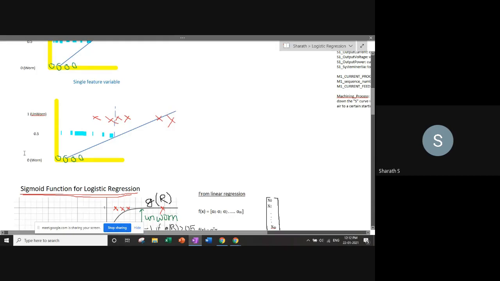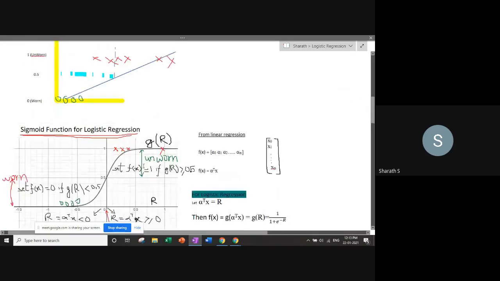And if you have a 50% point, and say anything lesser than 50% is one class and anything above 50% is the other class, you are misclassifying this portion here. These two values are misclassified as 0, while other things still get into 1. So that is the reason linear regression is too simplistic and cannot be used to do a classification task.